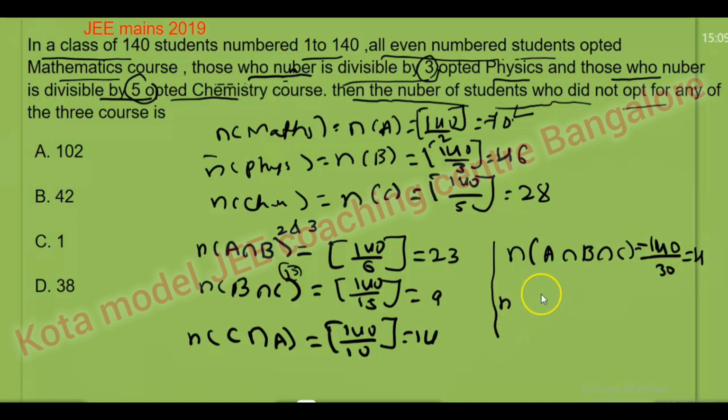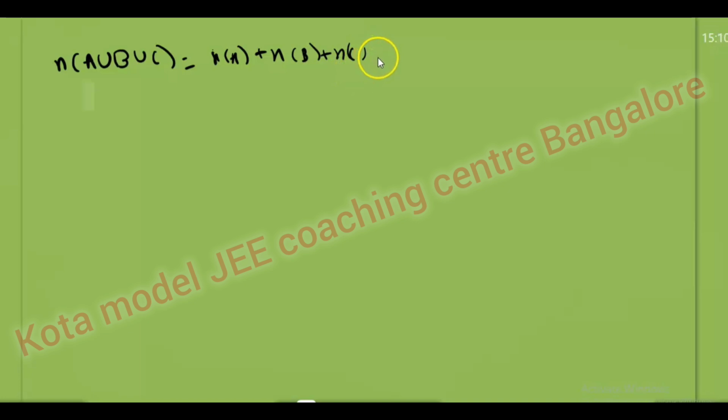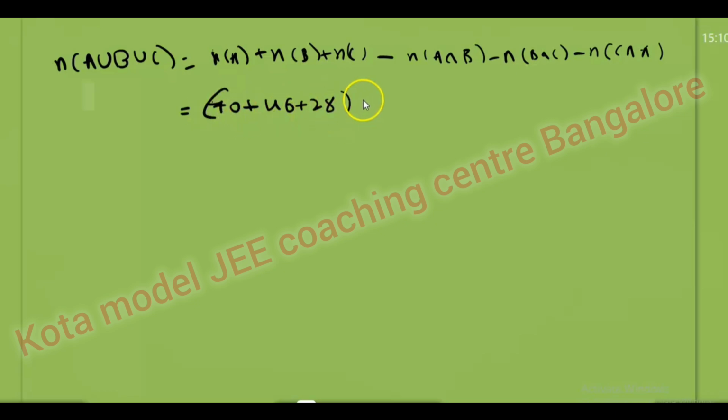Now n of A union B union C is equal to n of A plus n of B plus n of C, minus n of A intersection B, minus n of B intersection C, and minus n of C intersection A. Now that is equal to 70 plus 46 plus 28, minus 23 plus 9 plus 14.